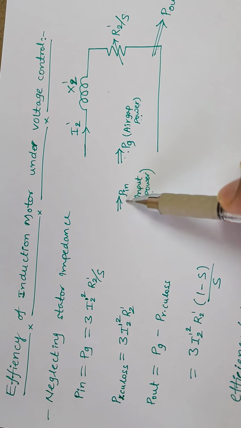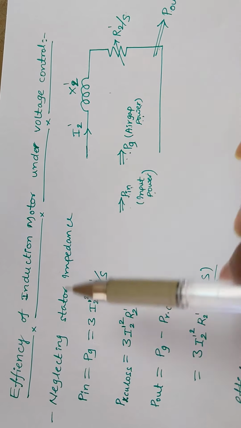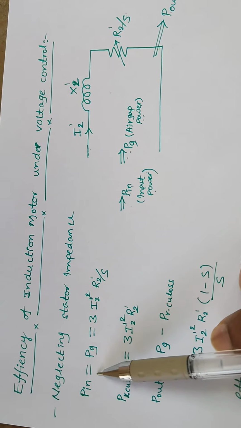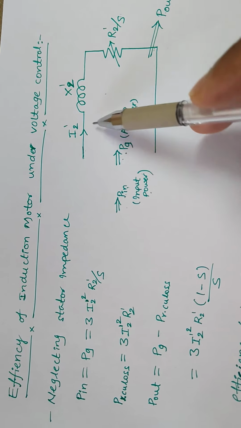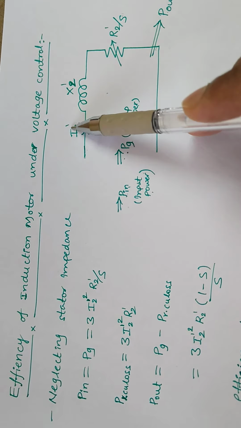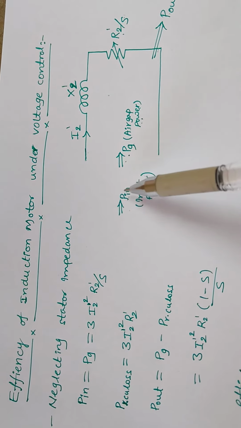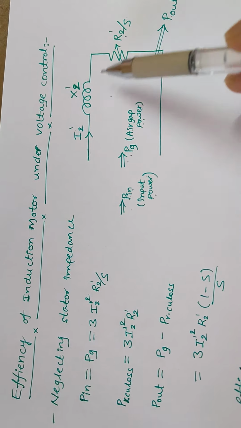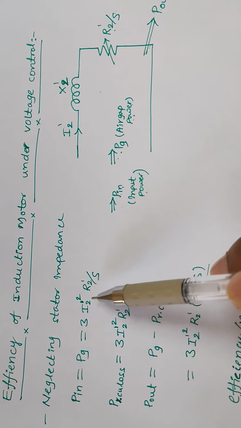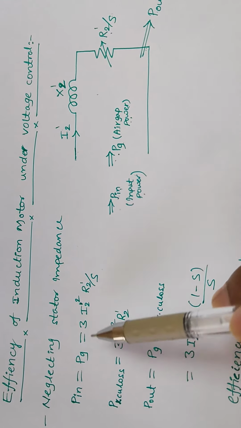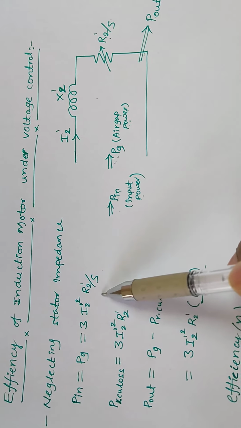So Pin, the stator input power, is equal to the rotor input power, by neglecting the stator impedance. Pin is equal to Pg is equal to 3 into I2 dash square into R2 dash by S, as this is 3 phase. That is the total rotor input power, because we have only the resistance component here.